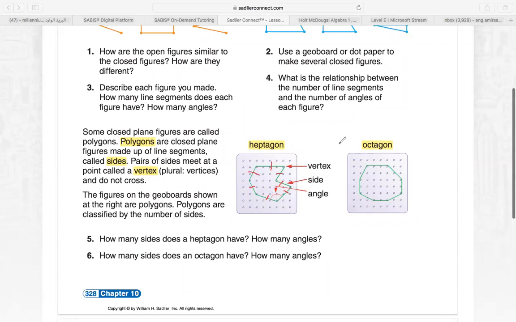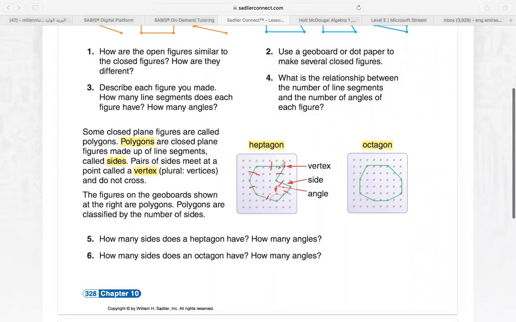So here I have 7 sides. What about the vertex? This point is called a vertex. This point, this point. So how many vertices? 1, 2, 3, 4, 5, 6, 7.